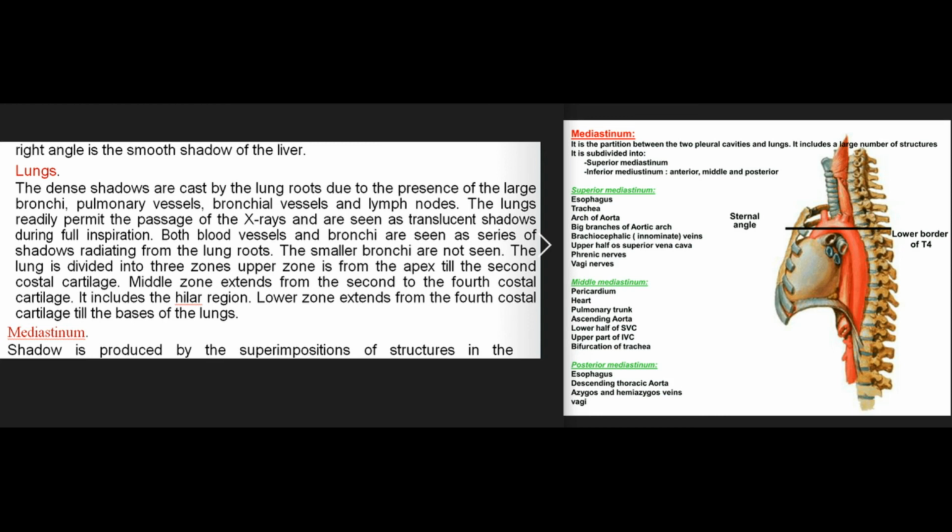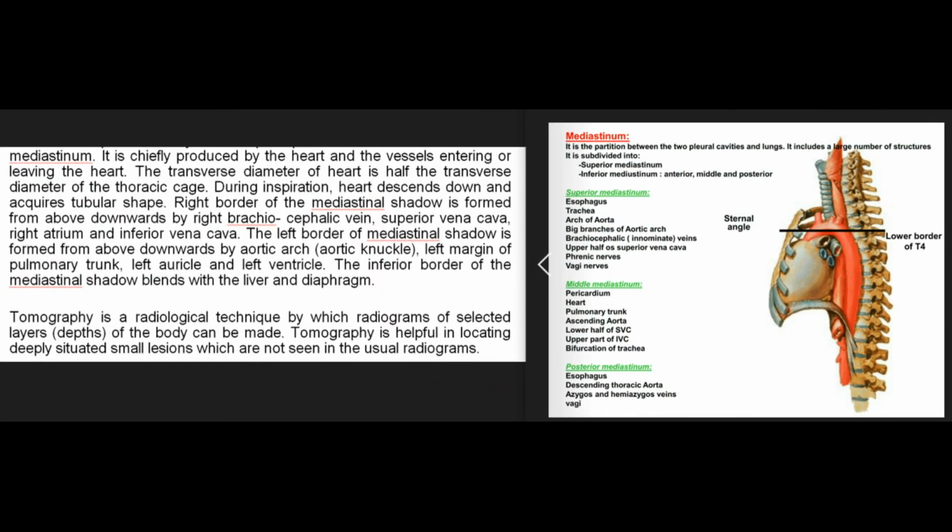Mediastinum. Shadow is produced by the superimposition of structures in the mediastinum. It is chiefly produced by the heart and the vessels entering or leaving the heart. The transverse diameter of heart is half the transverse diameter of the thoracic cage. During inspiration, heart descends down and acquires tubular shape.